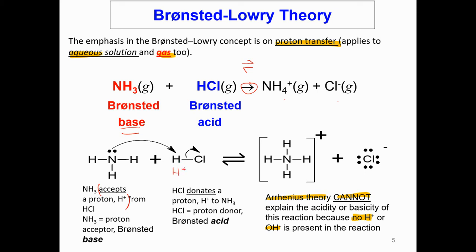We know that HCl has H+ and Cl-. So the lone pair here will accept the H+ and it becomes NH4+. From NH3 to NH4+, the hydrogen has increased, but we don't say hydrogen, we say it accepts a proton. So when it accepts a proton, we know it is a Bronsted base.